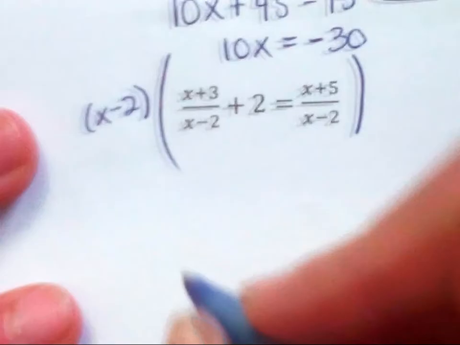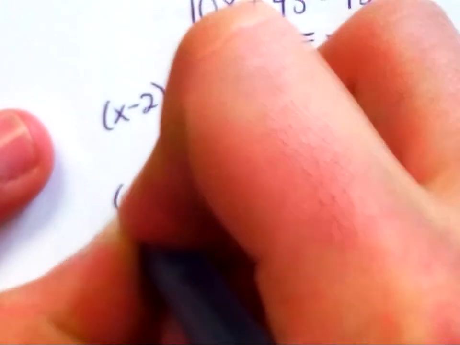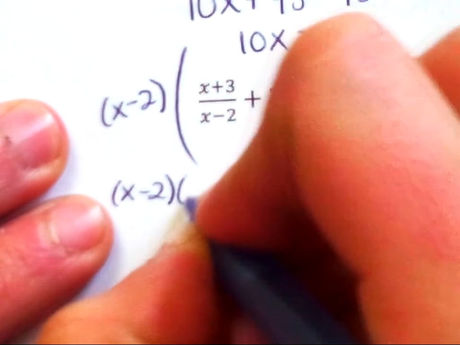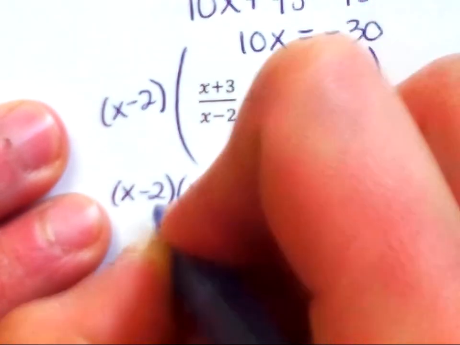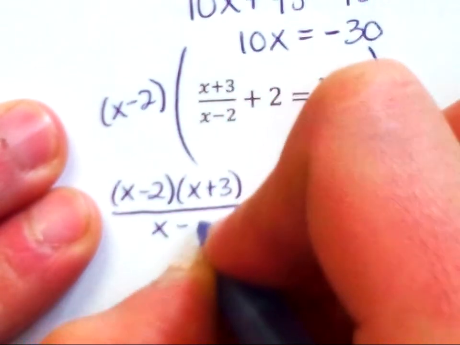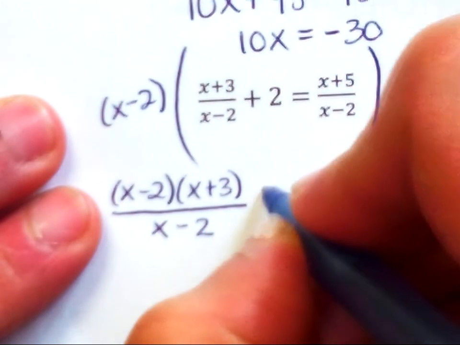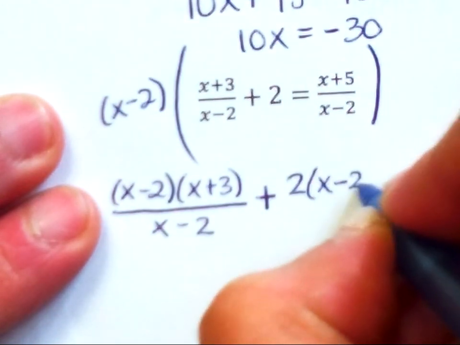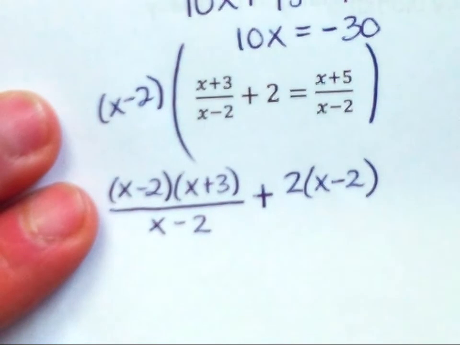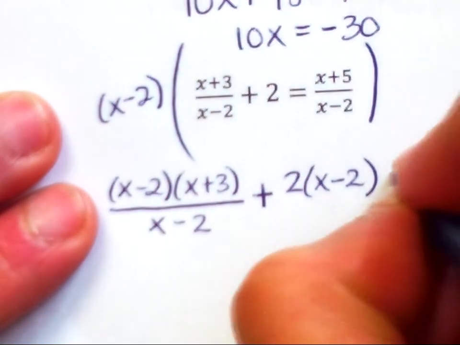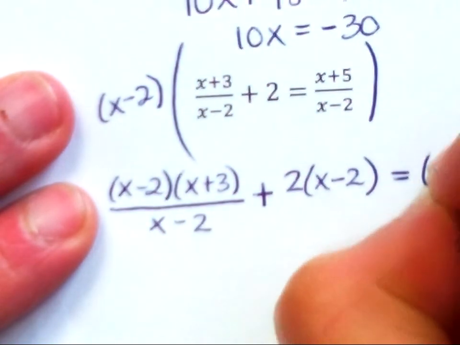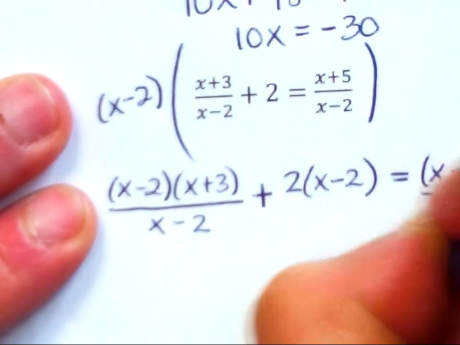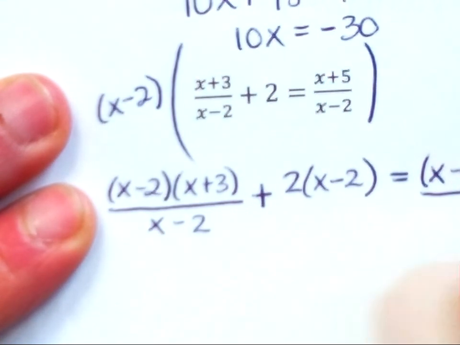So x minus 2 gets put in the numerator times x plus 3, and that's all over x minus 2, plus 2 times x minus 2 equals an x minus 2 times an x plus 5 over an x minus 2.